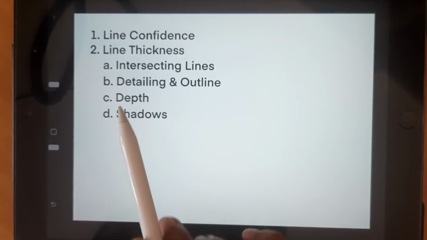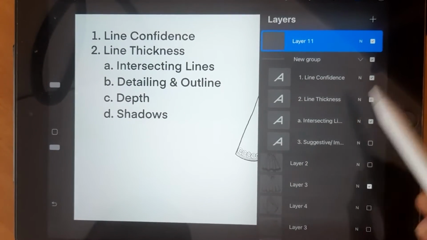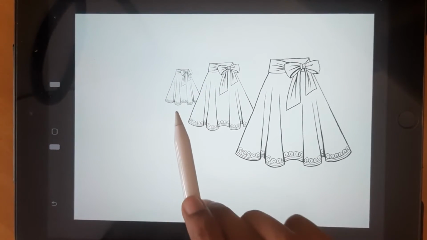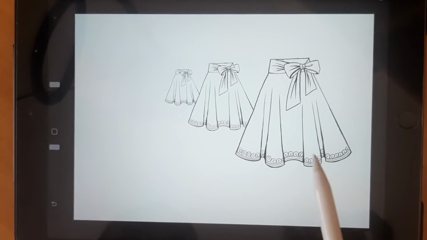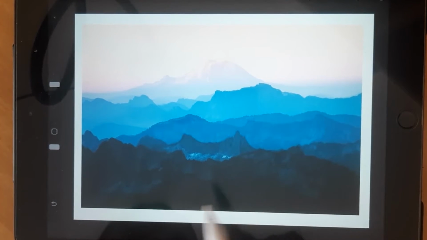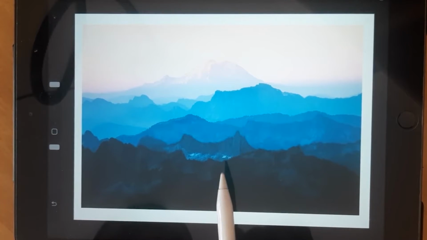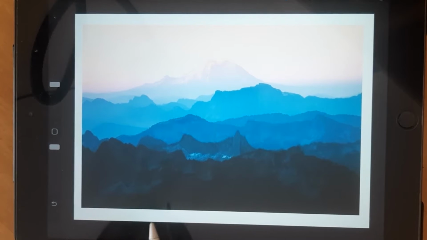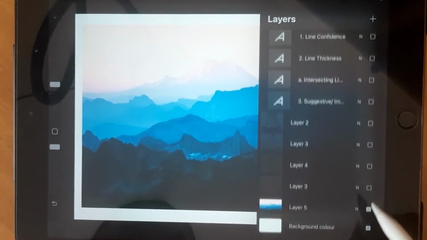The third point to be noted is depth. The line thickness goes on decreasing as we move further back. As you can see here, when the skirt moves further away, the line thickness reduces, and this is because, as you can see in this photograph, the nearest object will be more visible and it has more darker value, and as we move on further away, it becomes difficult to view the objects due to atmospheric pressure, thus it becomes lighter and lighter.